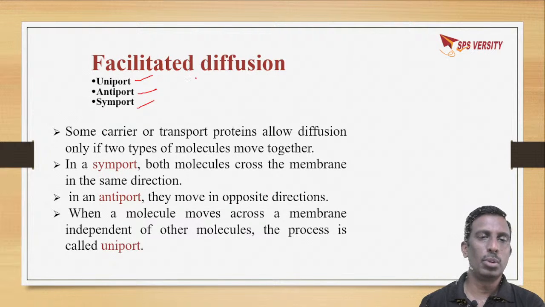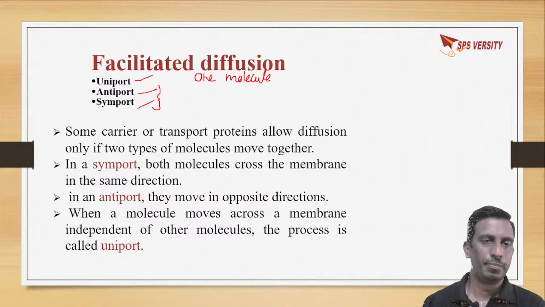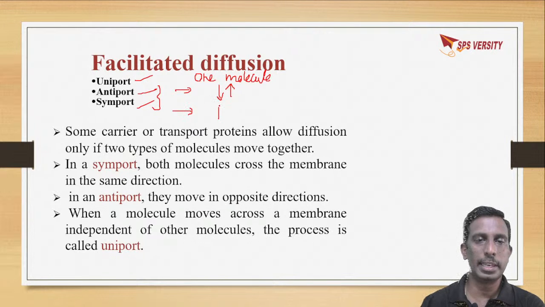Uniport means only one molecule moves. And in antiport and symport, 2 molecules will move. In antiport, the 2 molecules will move in opposite directions. And in symport, the 2 molecules will move in the same direction.